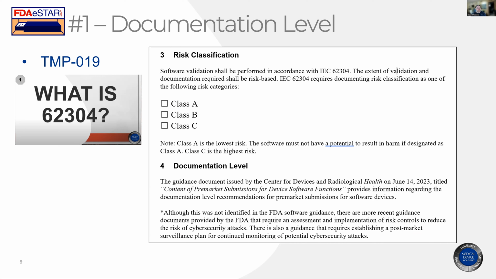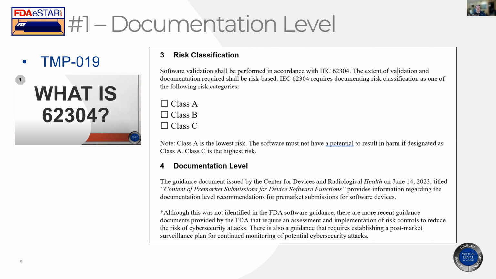And then they tell you in the guidance document, if any of these high-risk things apply, then it's going to be enhanced documentation. If none of them apply, that's essentially what your response is going to say in template 019. It's going to say none of these enhanced documentation requirements apply, and therefore it shall be basic documentation. So that's how you document it, but we give you a template for that.